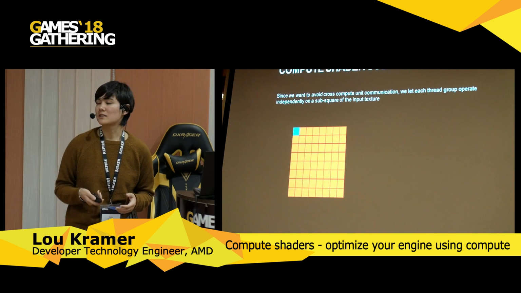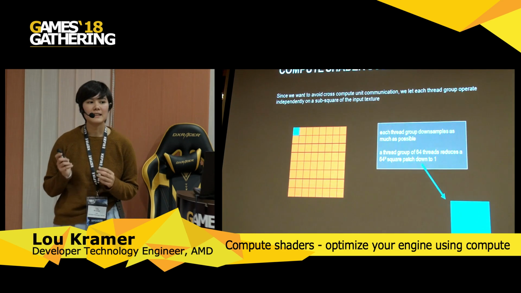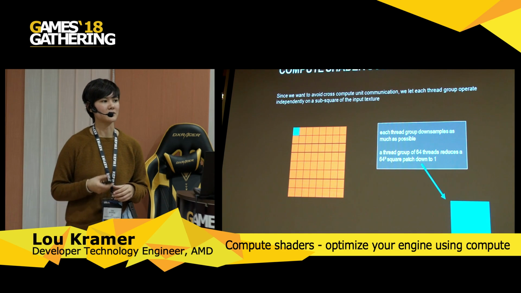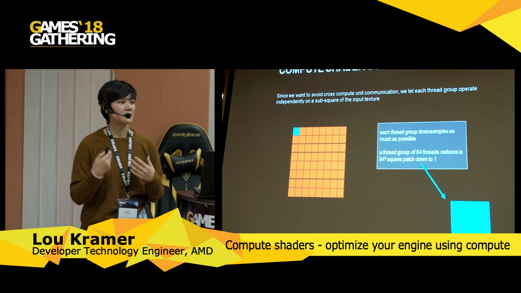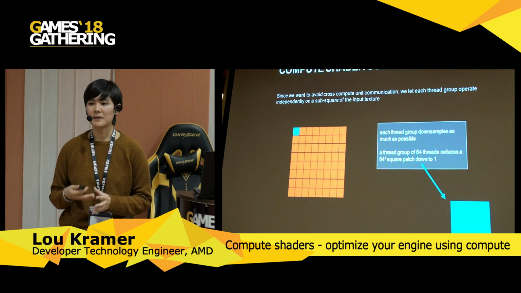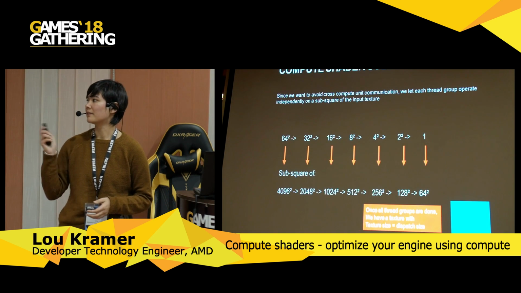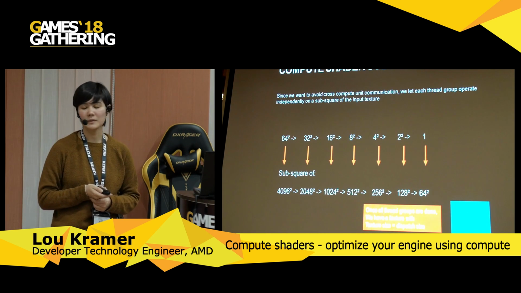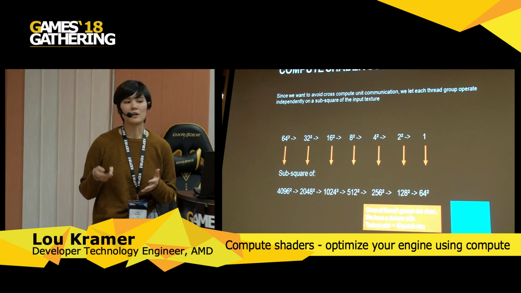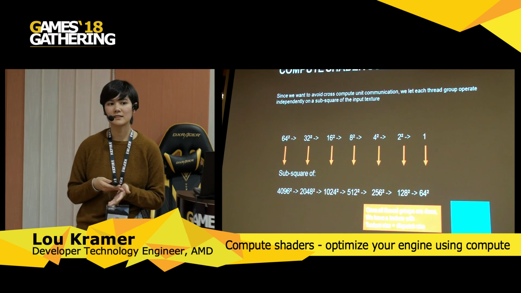So each thread group gets a subpatch. In our example, we give each thread group a subpatch of size 64 squared, and those 64 squared subpatches get downsampled to 1. So each thread group gets a subsquare of 64 squared. This is a subsquare of the source texture, which is 4096.